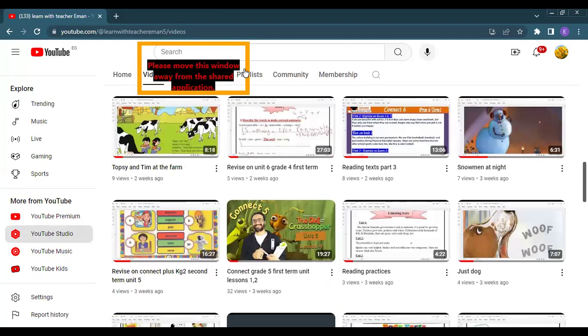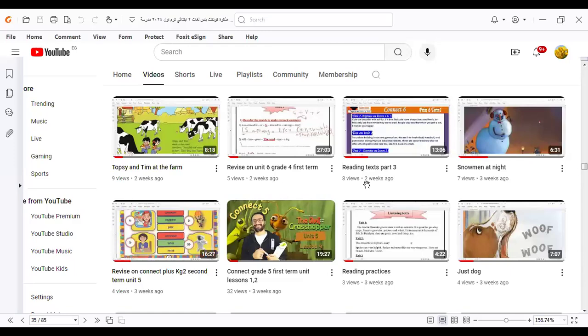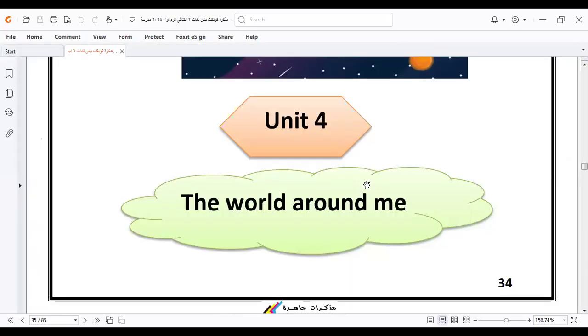Let's go to our revision today. Today we will make a quick revision on Unit 4, because I would like to remind you what we took during the academic year in this unit.